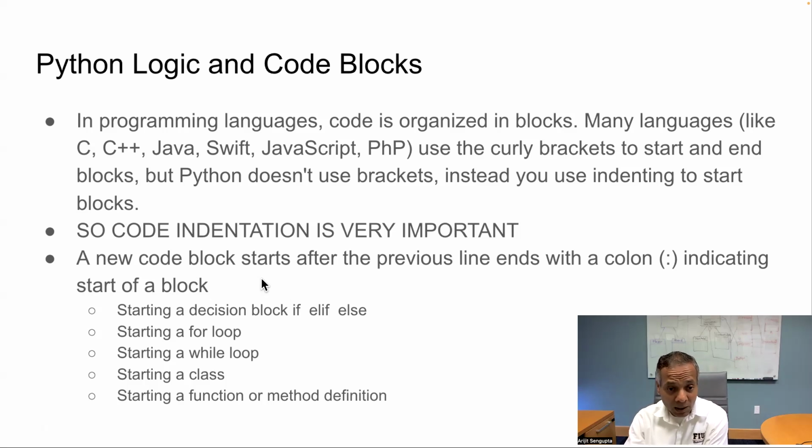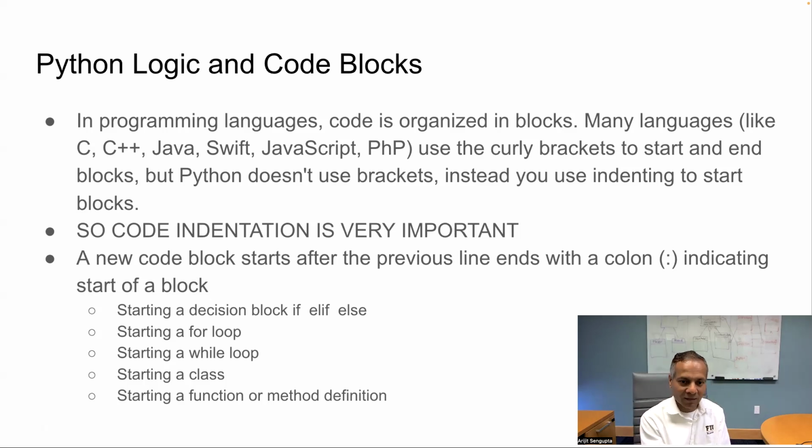So a new block starts after a line that ends with a colon. You don't create a new block just like that. You always create a new block because the statement that you're in requires one.